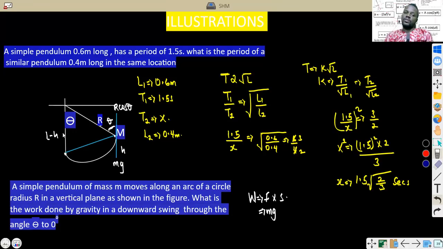The distance over here, we have to just resolve this into components. Like I said, this is L cos theta, L sin theta. As you can see, this is R sin theta. We are considering this to be a right angle triangle. And this is R cos theta.